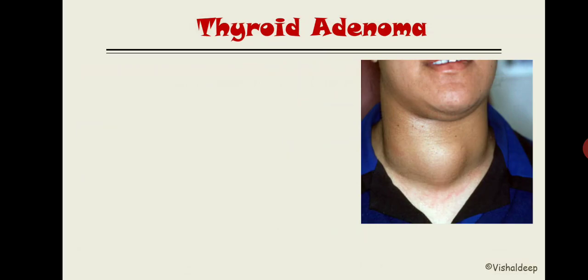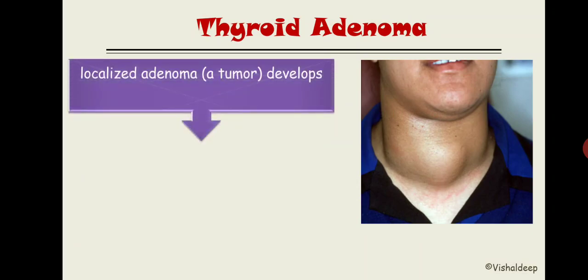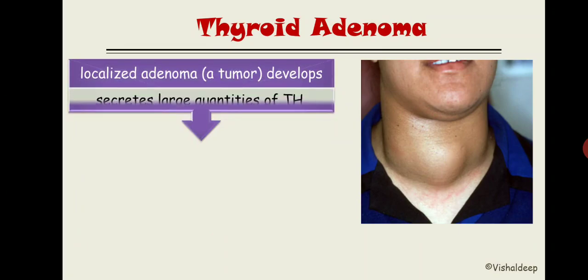See, in thyroid adenoma, not the entire gland is affected, only a small portion of the gland. A small nodule or localized tumor will be developed. That localized tumor will secrete a large amount of thyroid hormone.